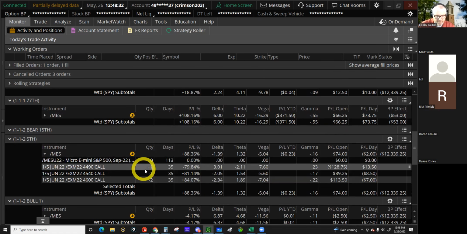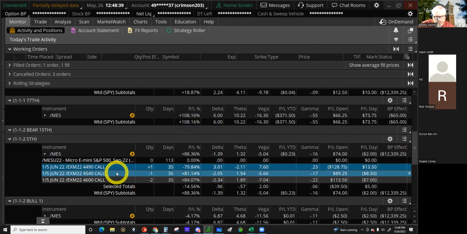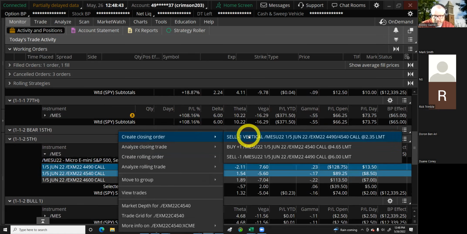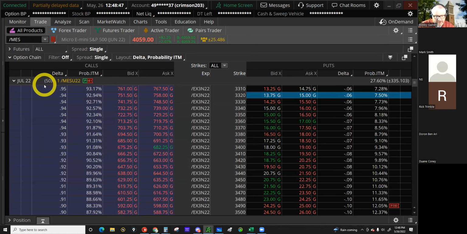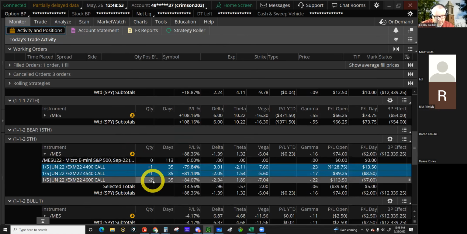All right, so let's take this puppy off. We will take off this one and this one, and then 2 of the 4600s. I wish I could do it as one order here, but it won't let me. So I got to go out and grab the 4600s at 35 days out.